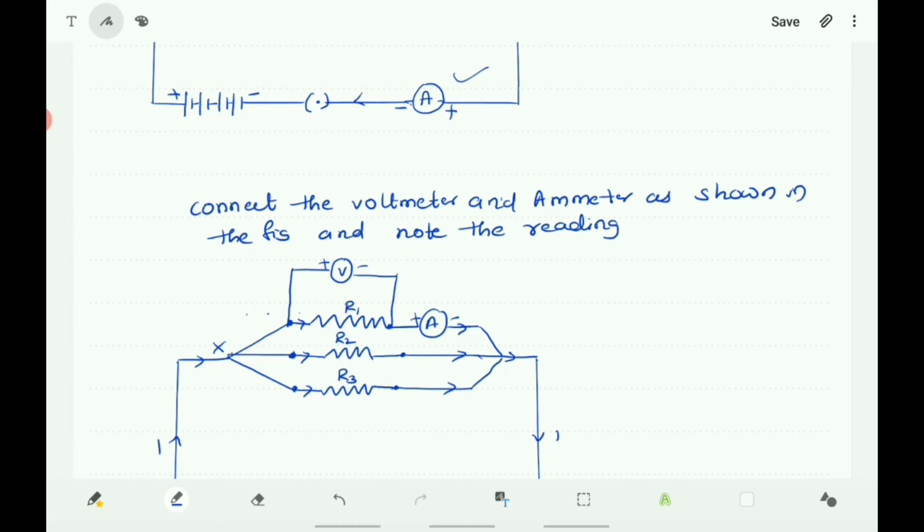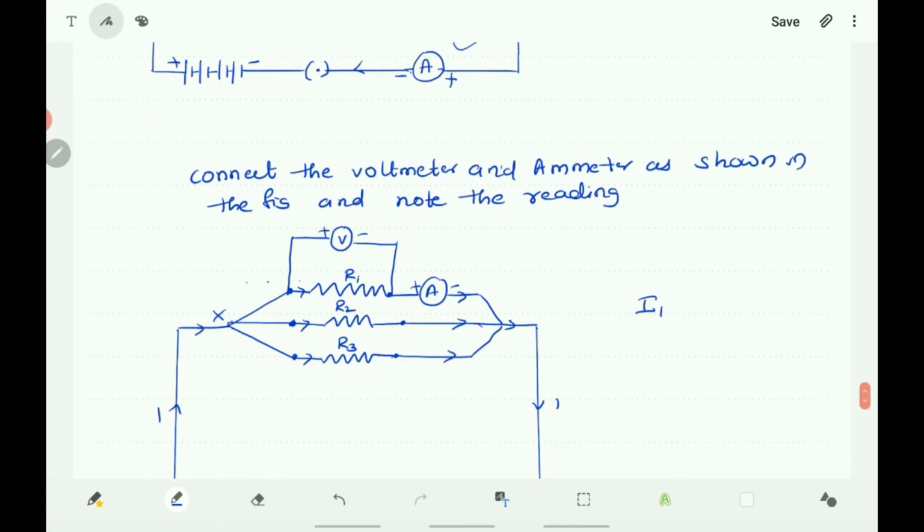And again you note down the reading in the voltmeter and ammeter and record it. Here the current is I1. You will get a different current here. The voltmeter shows the same reading.